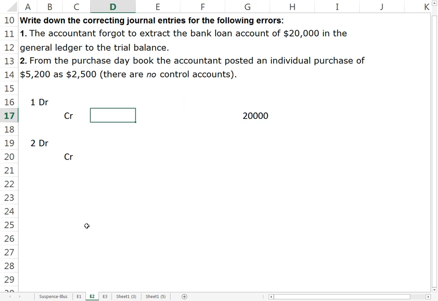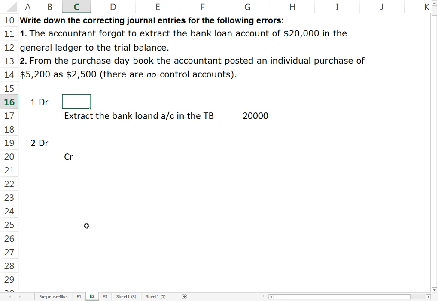Now, an error in the trial balance does not require a general entry to correct it. It does not require an entry into the ledgers, because these journal entries are going to be made in the ledger, so we don't actually credit anything. That is the confusing part. We don't actually credit anything in this case. We just say extract the bank loan accounts in the trial balance.